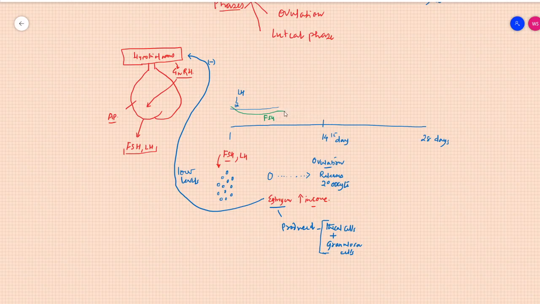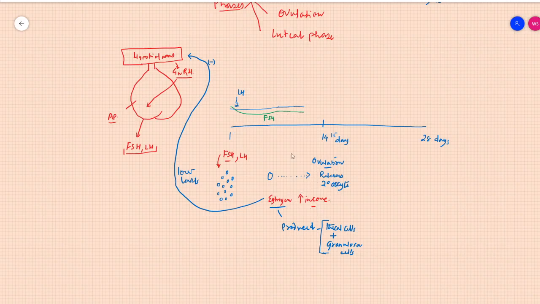So this is growing like that, the concentration in the blood. Then what happens? This is the initial stage when estrogen is low.